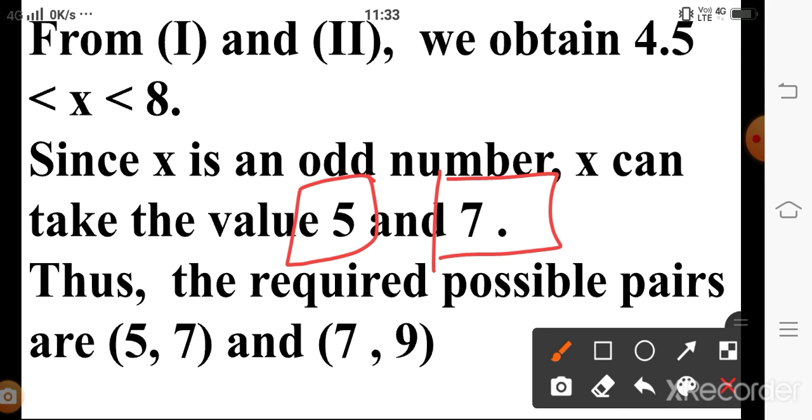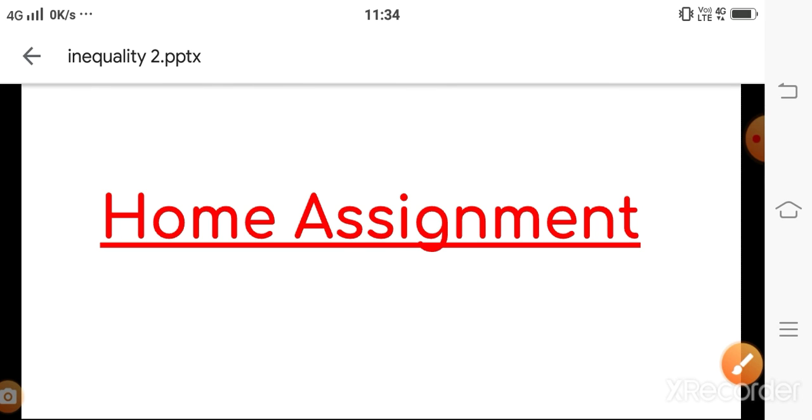Then the required possible pairs we are getting as 5, 7, because if you consider x as 5, then x plus 2 we are getting 7. And if you take x as 7, then x plus 2 we are getting 9. Means these are the required solutions.